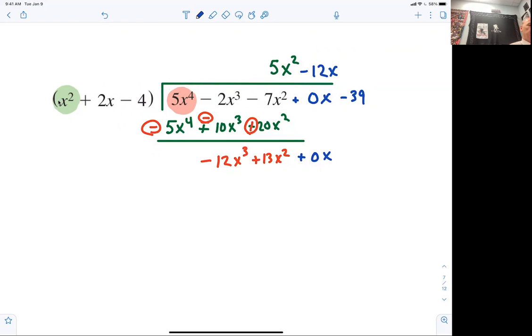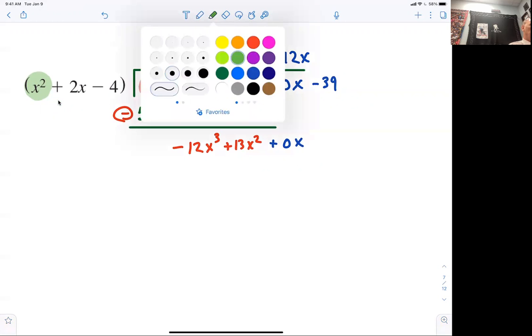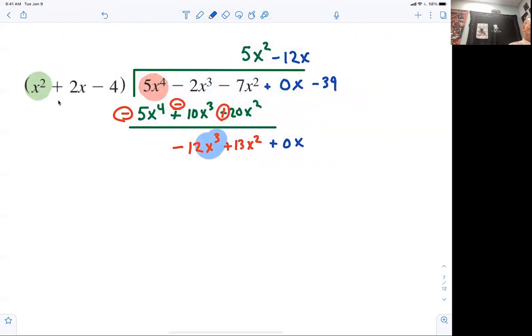What, Sam? Well, what did you divide, Sam? Sam, stop. It's always the first here divided by the first here. That's the rule.